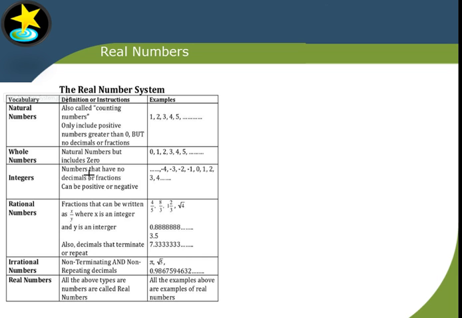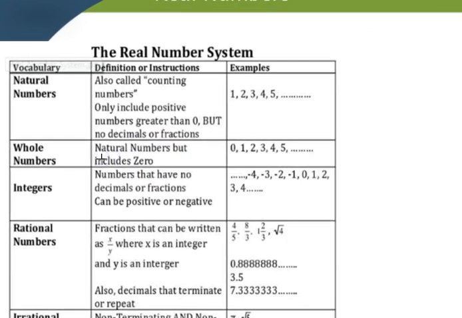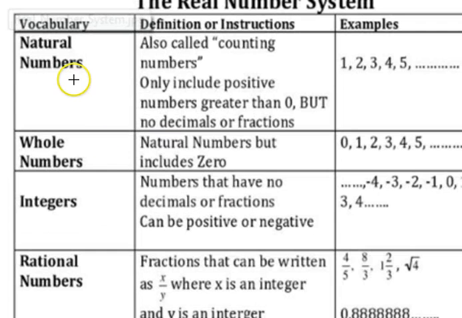What I'll try to focus on here is going through the definitions and taking some examples. So let's look at natural numbers, also called counting numbers.